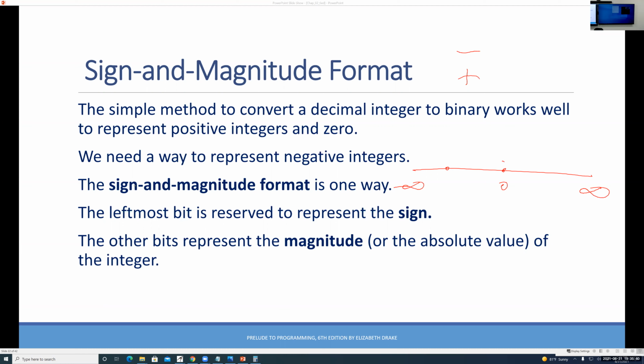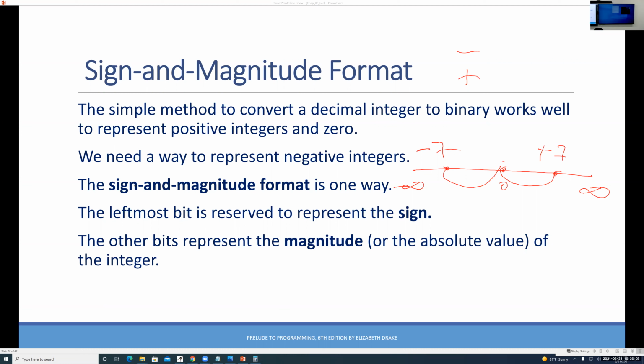If you have -7 and +7, they have the same magnitude, because from 7 to 0 you have 7, and from -7 to 0 you also have 7. That is the magnitude, how far you are from 0. And the sign is that this one is negative and this one is positive.